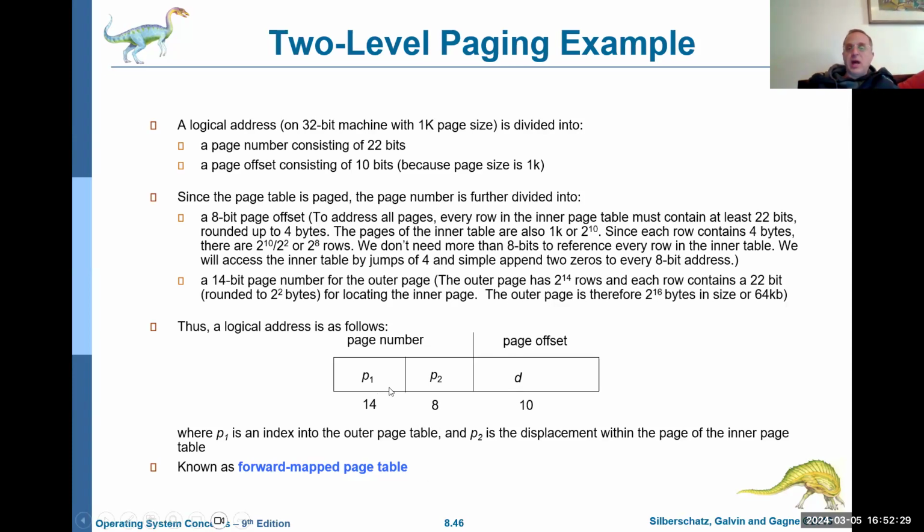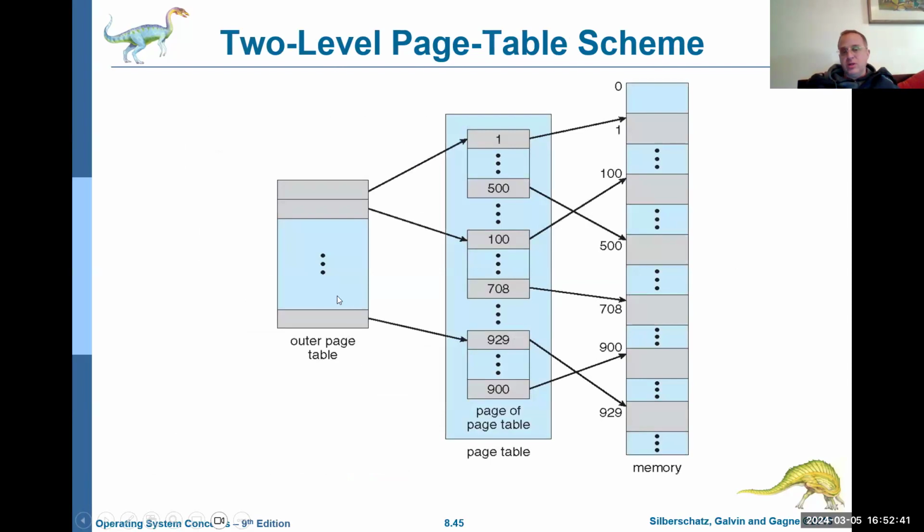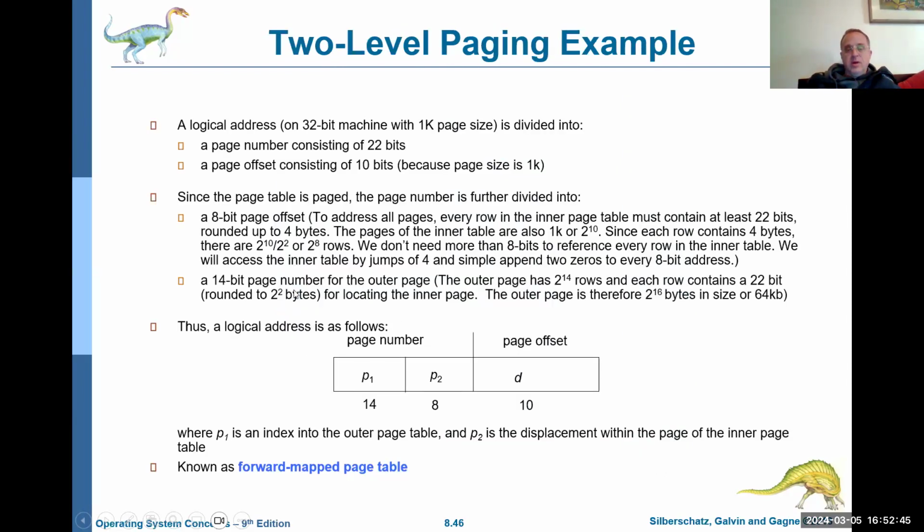So our outer page will now only be 64 kilobytes. Of course, we can make it even smaller if we make the offset here bigger. The point is, we reduced the size of the outer page by making an inner page. It's only 64 kilobytes instead of 4 megabytes, which it was before.